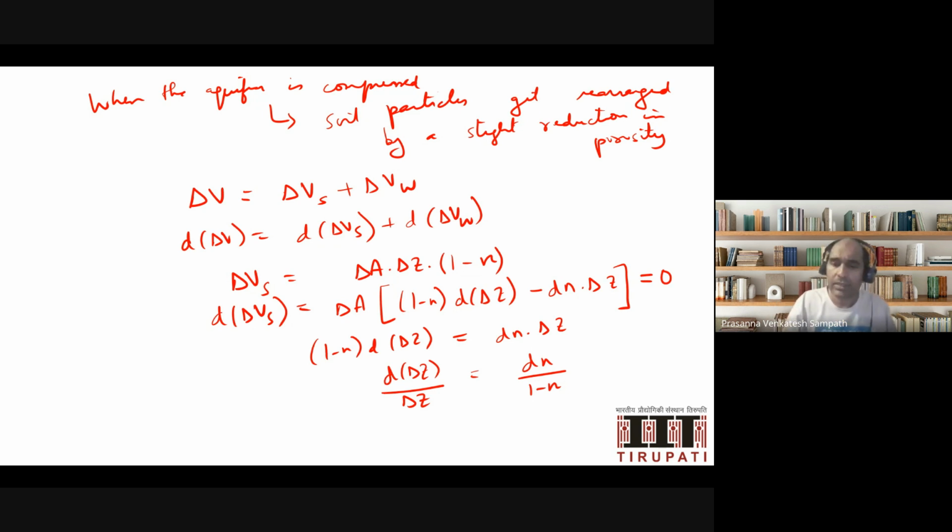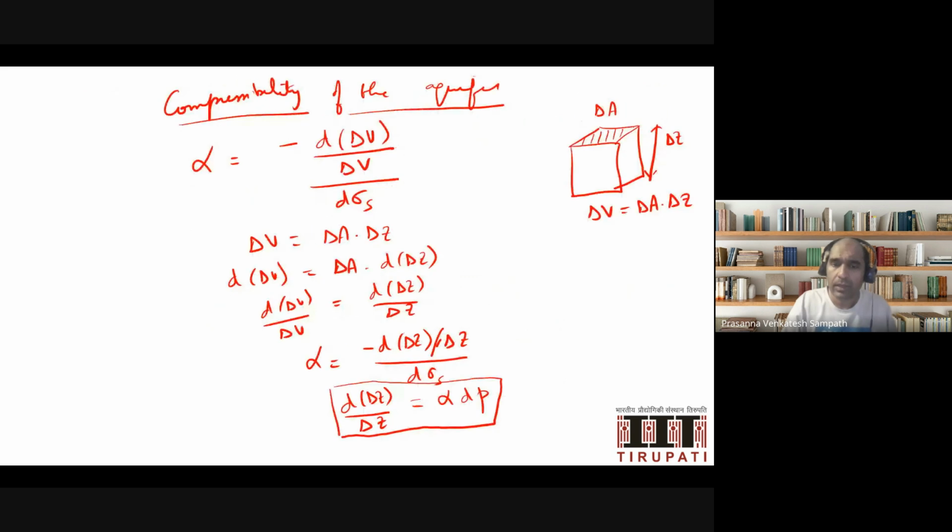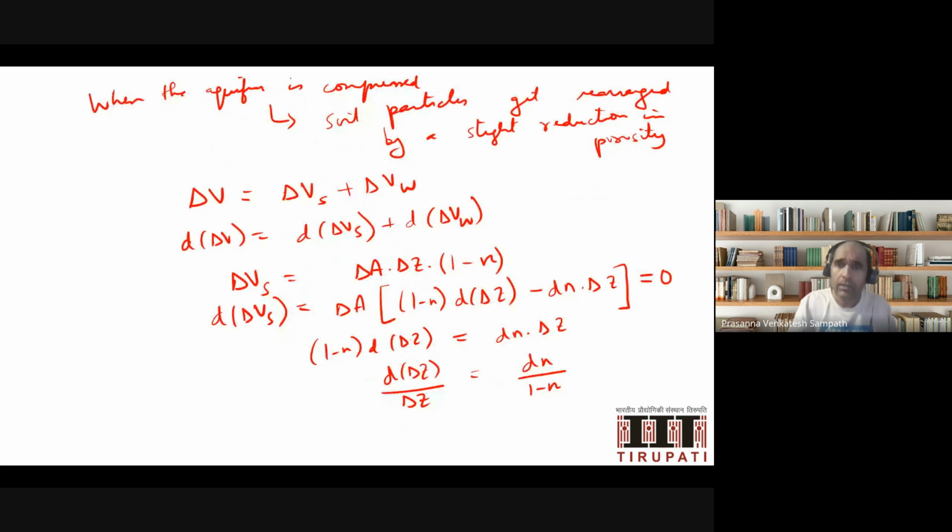In the previous slide, we found that d delta z by delta z is nothing but alpha into dp. If I replace this with alpha into dp, I will get alpha equal to dn divided by 1 minus n times dp. This is another equation that we are getting.